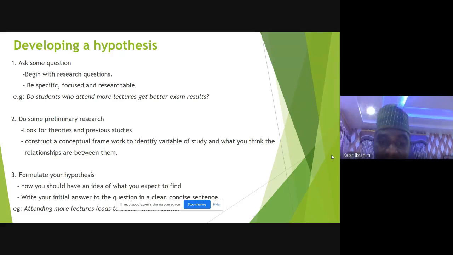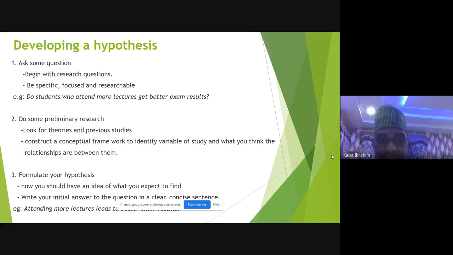Write your initial answer to the question in a clear, concise sentence. This sentence should be very clear and contain correct information of what you want to find.